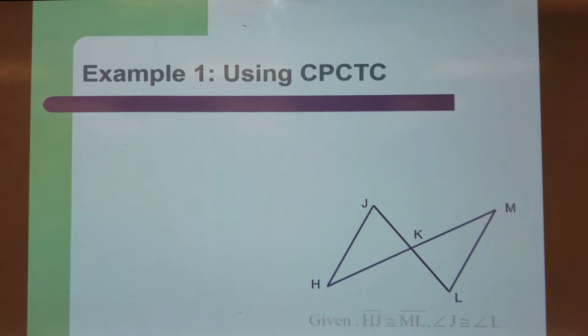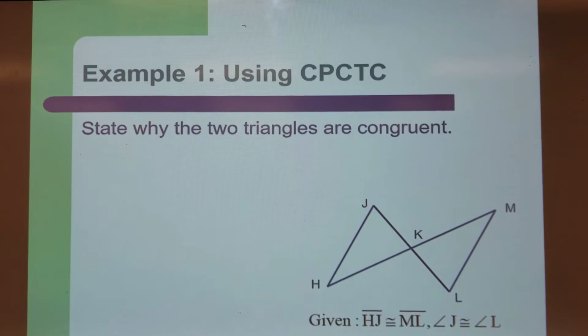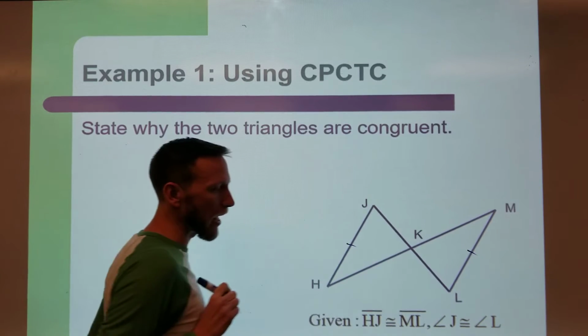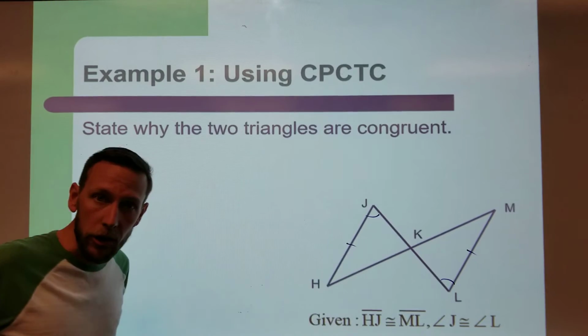So here is a situation where we are given some information. We've got this picture created, which lets us recognize not only what they tell us, but also we've got a pair of vertical angles at the center. And our job is to think about why these triangles are congruent. So breaking this down, we've got segment HJ is congruent to segment ML. We know that the angle at J and the angle at L are congruent to each other.